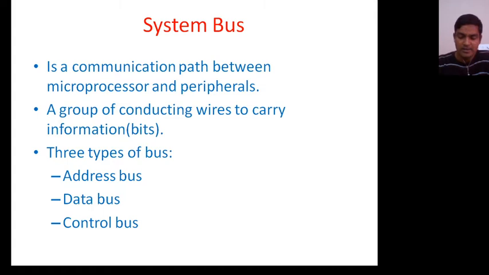Now, address bus. I will correlate it with an example. Suppose there is a post office, and there is one letter that has to be delivered to an address whose house number is 25 and lane number is 30. What will the postman do?